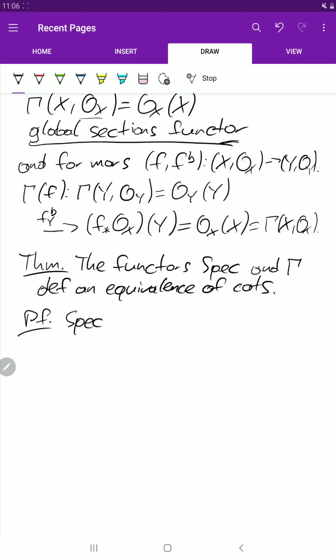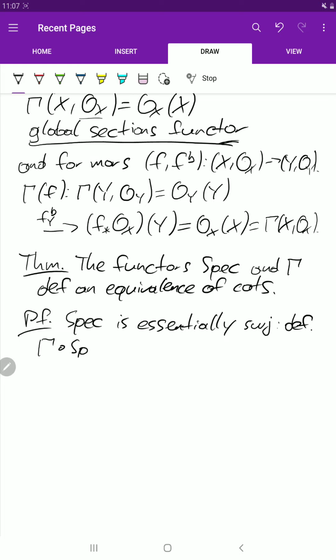So let's look at the spectrum functor. It's essentially surjective. That's just by definition, because we defined affine schemes to be the ones which are isomorphic to the spectrum of a ring, so that's immediate.